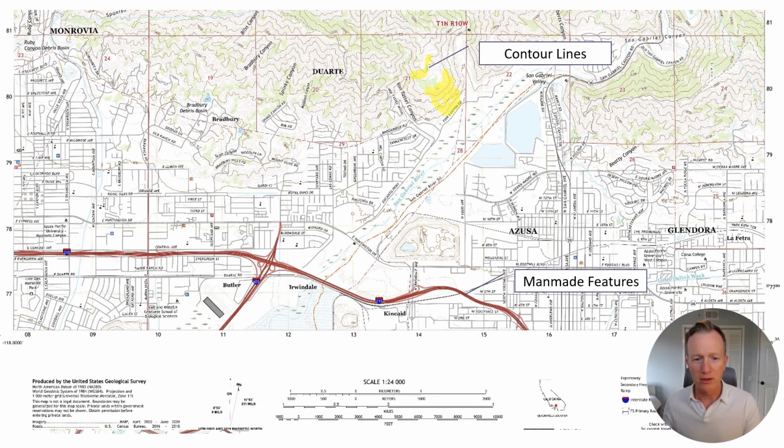These are the lines that are kind of shown in that brownish red color. We'll also see some names of man-made features. So there's the designation of the 210 freeway here. It'll give you place names like some cities, Azusa and Glendora. It might give you some names of communities, some streets, and so forth.